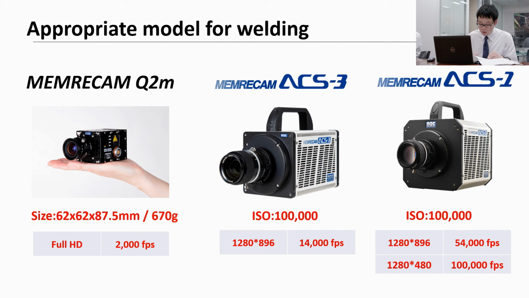We added the image quality mode and HDR mode to ACS3 recently. In image quality mode, we can improve the image quality of ACS3. About HDR mode, HDR can make the dynamic range wider, so we can shoot several areas from lower brightness to higher brightness together. We will introduce detailed information about this mode another time.